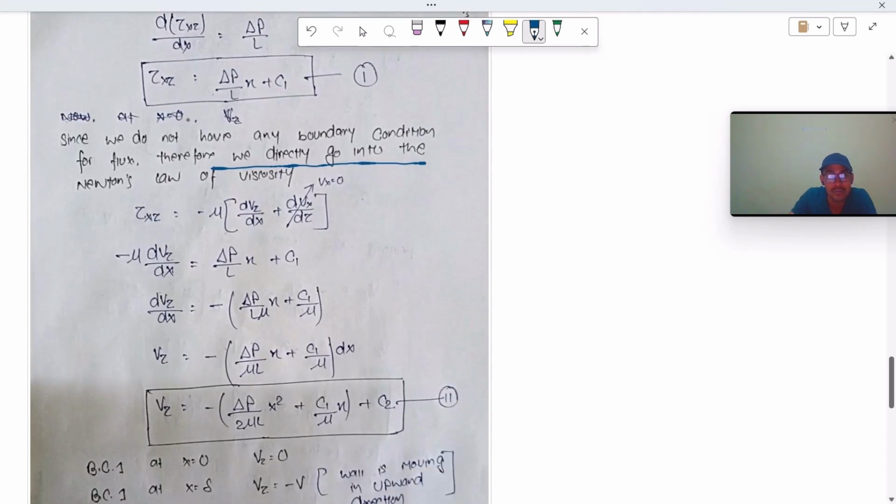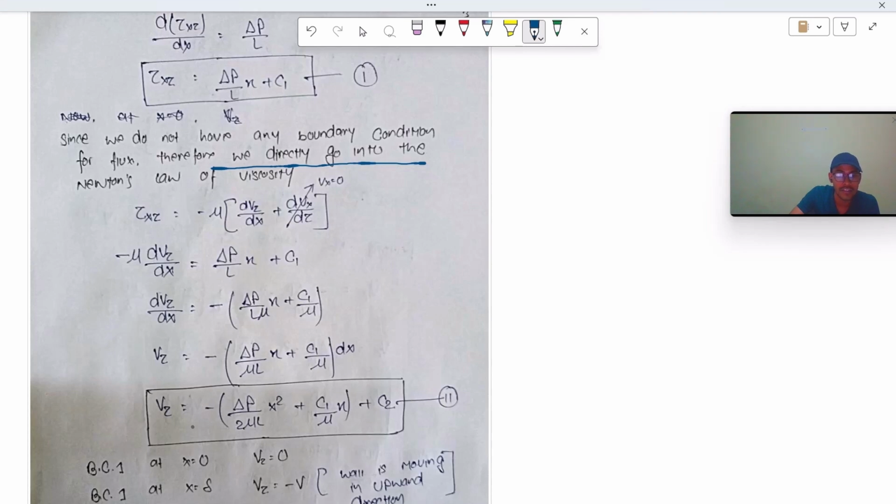By putting the value of this into this expression, we get this form of equation, where dou vz by dou x is equal to this. On integrating this expression, we get this expression where we have to find this term.